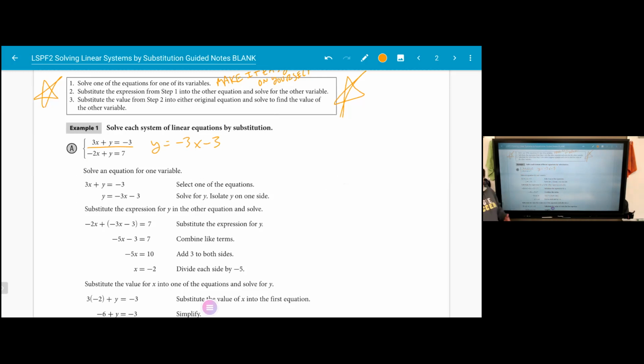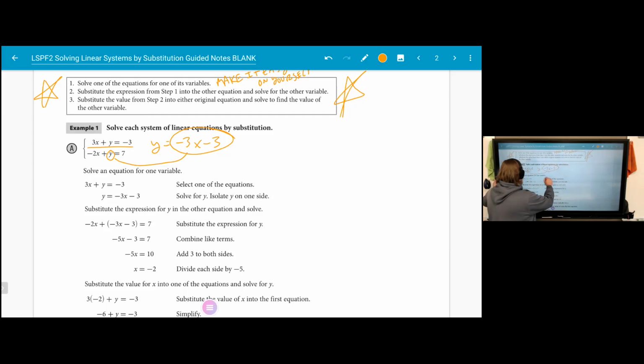And here is the beauty. That's step one. Step two is substitute that anywhere in the second equation that you see y. Anywhere in the second equation where you see y, you're going to substitute instead -3x minus 3. It's important that you start by putting it in parentheses first, and we're going to talk about why once we get to some of those examples.